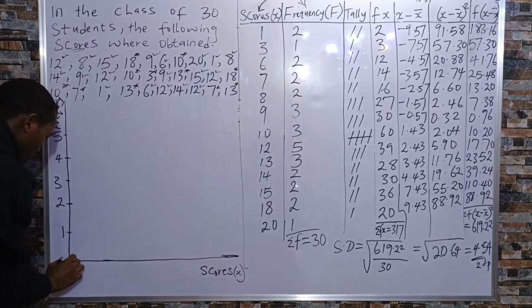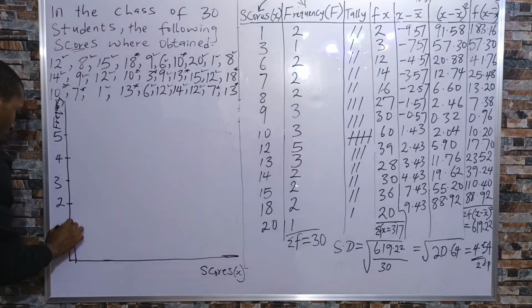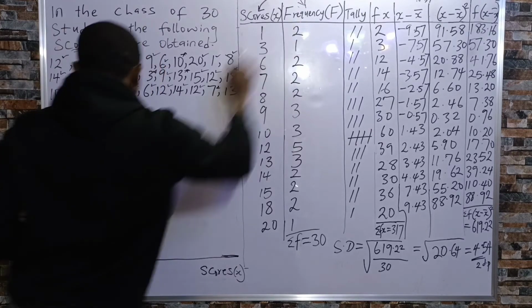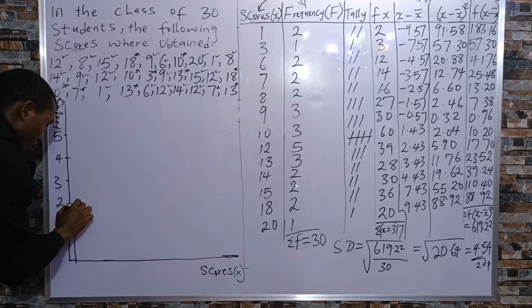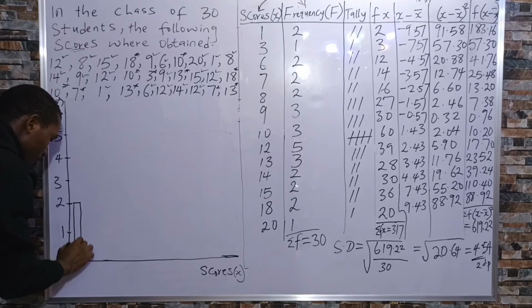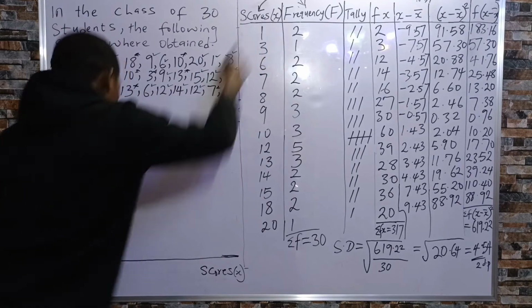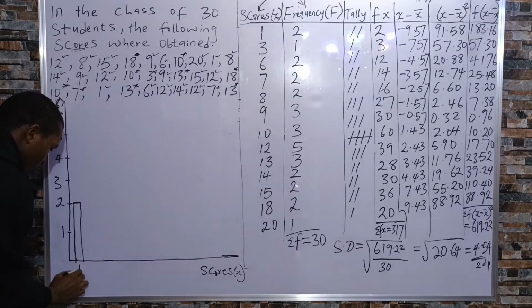So coming to this very point, I will draw my rectangle. I will draw it up at this given point of 2, which is the frequency of 2. Then I will bring it down. This is my first rectangle. Then I will call it the score 1 at this point.